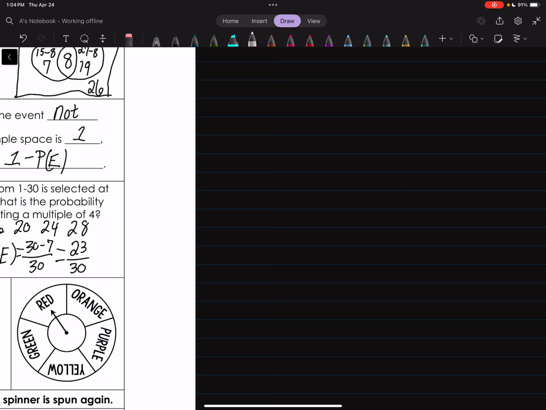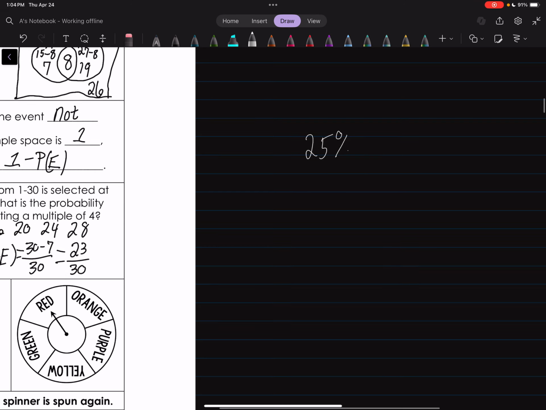For example, if I buy a lottery ticket, it says I have a 25% chance of winning. If I was to buy 4 tickets, logic would say, well, that's 4 times 25%, so I have a 100% chance of winning. This is incorrect.